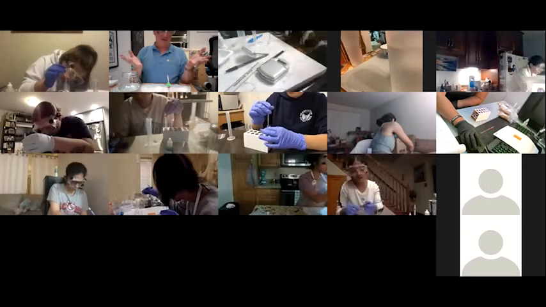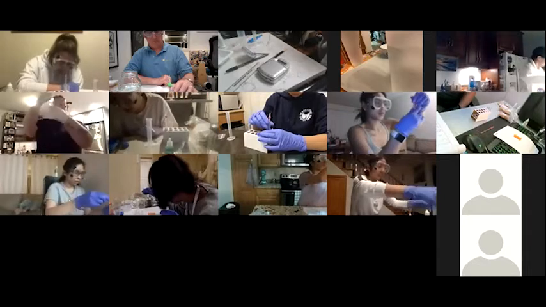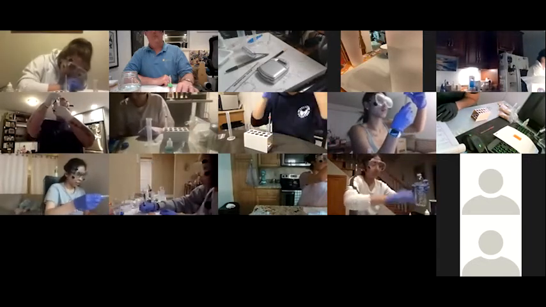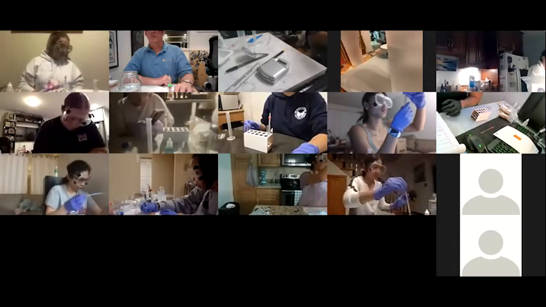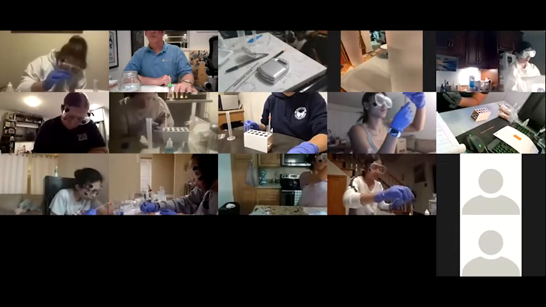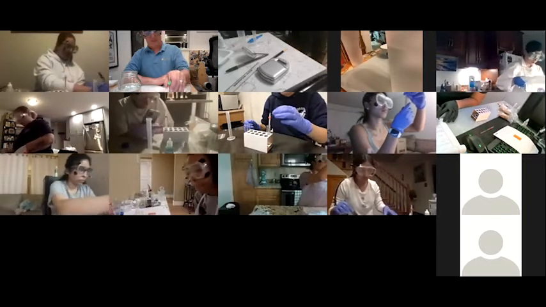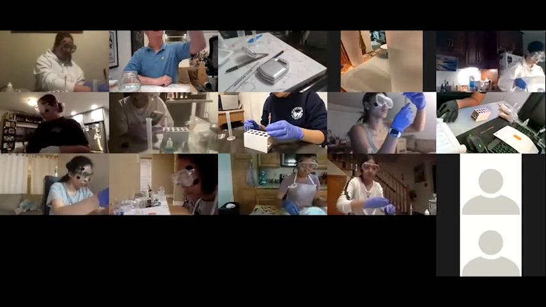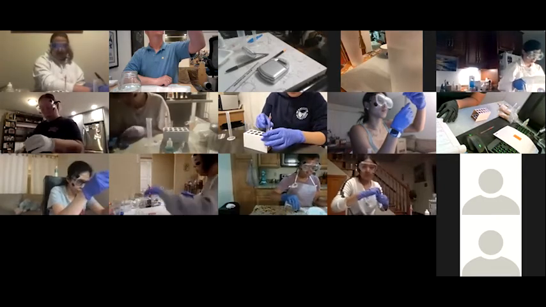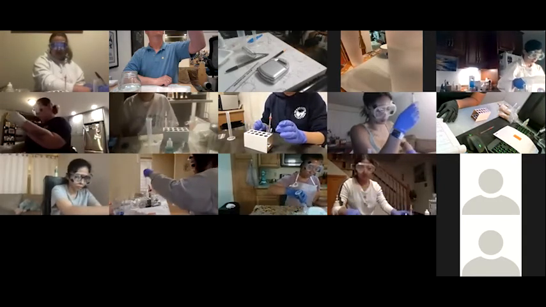It pretty much should be the same temperature, but we want to make sure. All right, I check it. And it is indeed the same temperature. 21 right on the nose.